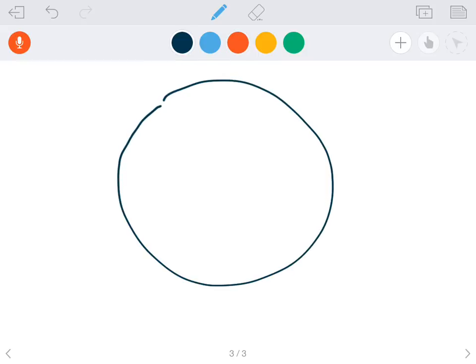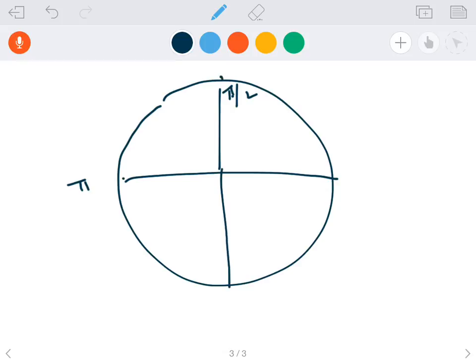So, just to reiterate that, once around the circle is 2 pi, half of that is pi, half of that is pi over 2. Count around by pi over 2's, so I have 1 pi over 2, 2 pi over 2, 3 pi over 2. Count around by pi over 4's.